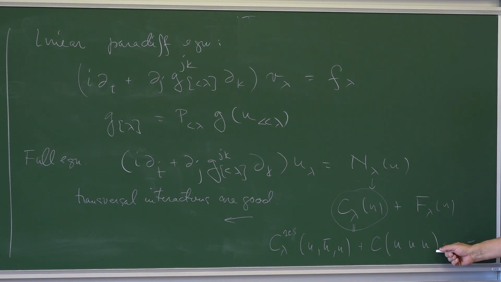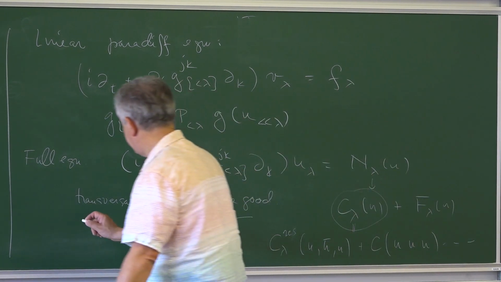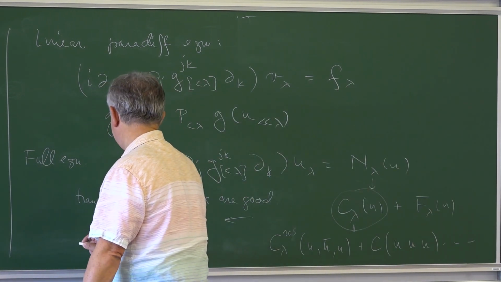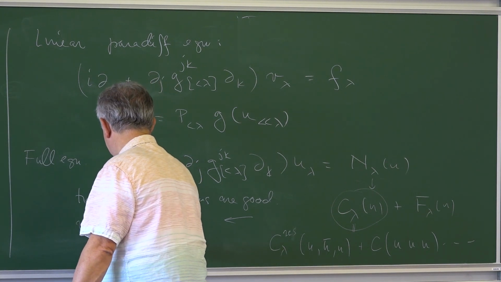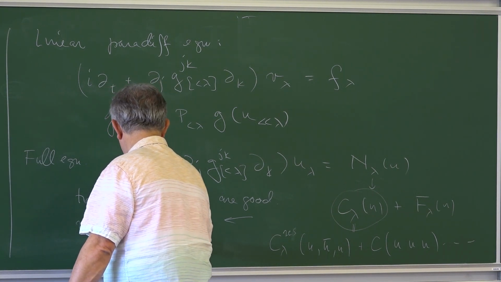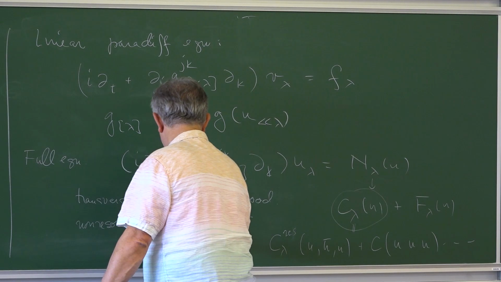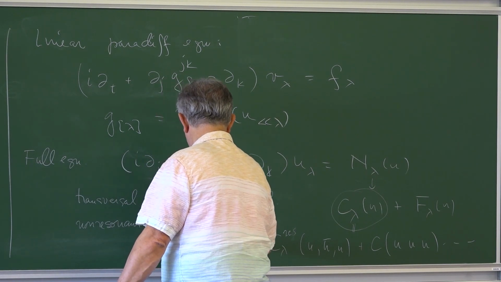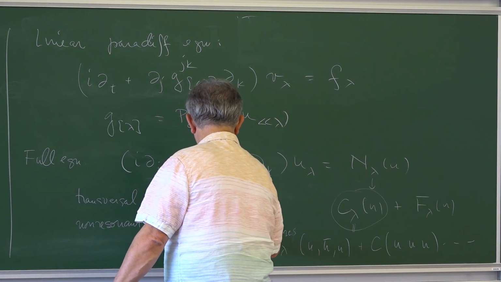For non-resonant interactions, you can do corrections to fluxes and divergence and to densities and fluxes. So let's say non-resonant interactions are good.